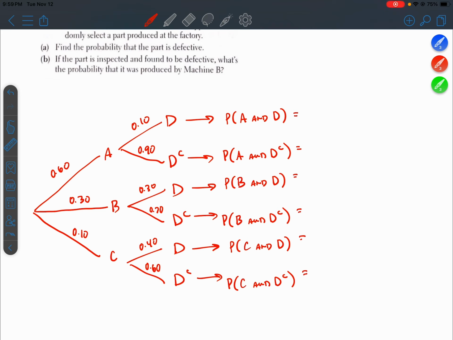All right, to figure out these final probabilities, we're just going to be multiplying the probabilities along the branches. Remember, and usually indicates that we multiply.